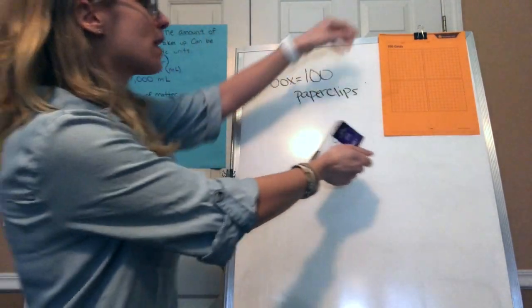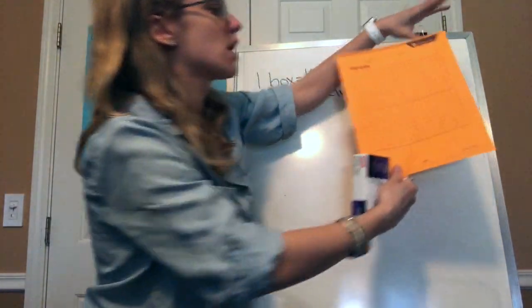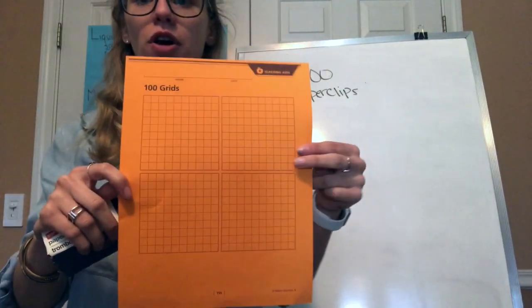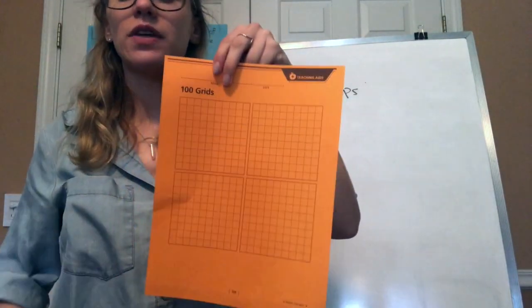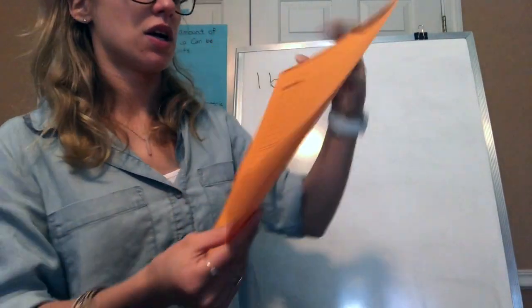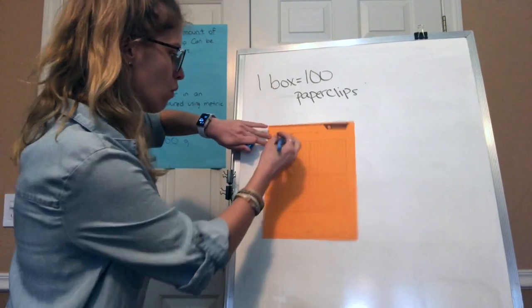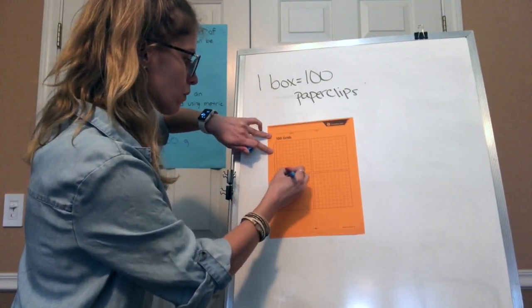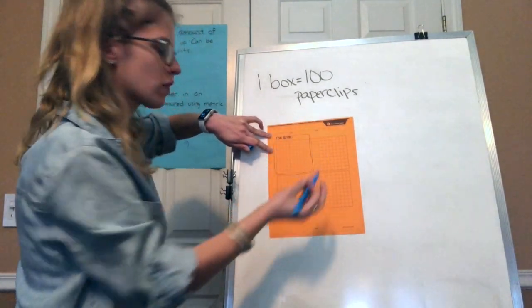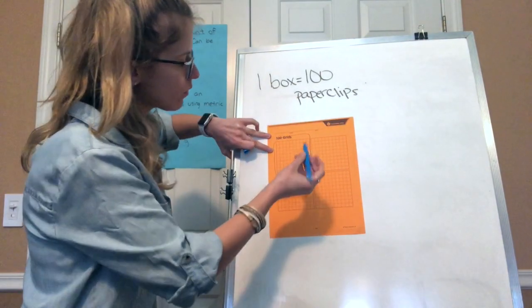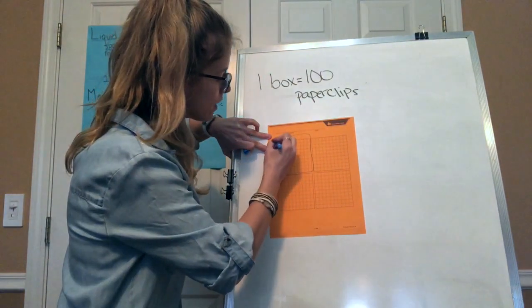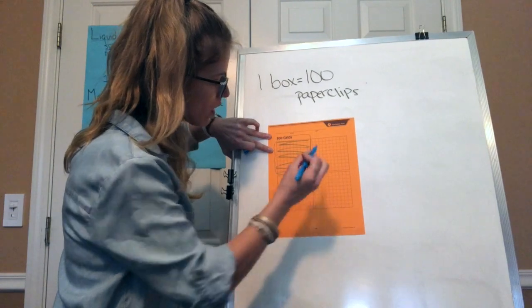One thing that you're going to have to help you with your have to is a 100 grid. And you can think about this 100 grid. So this is one 100 grid. So we're just focusing on this 100 grid right here.